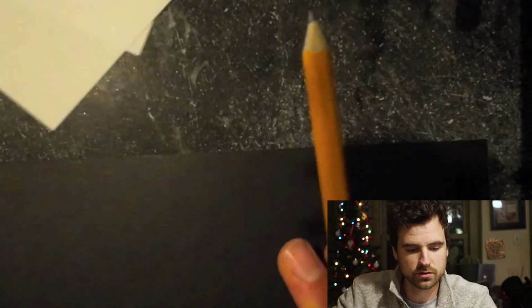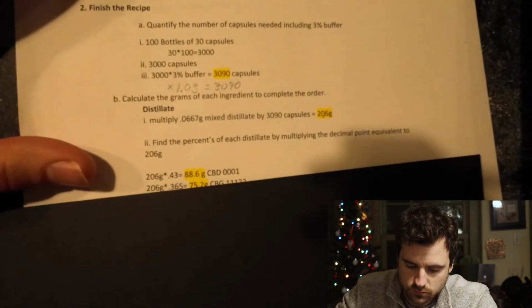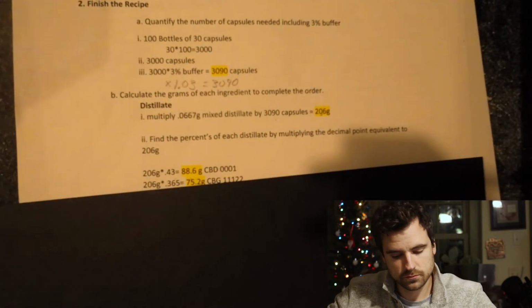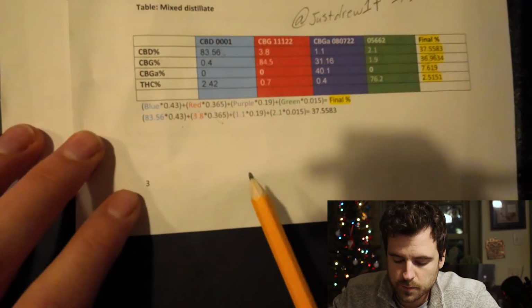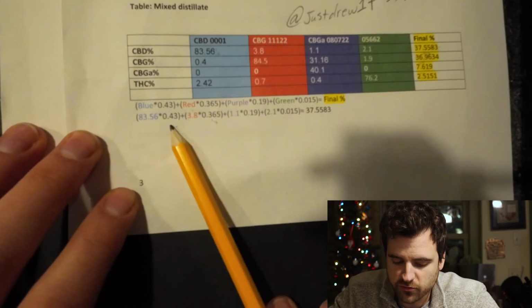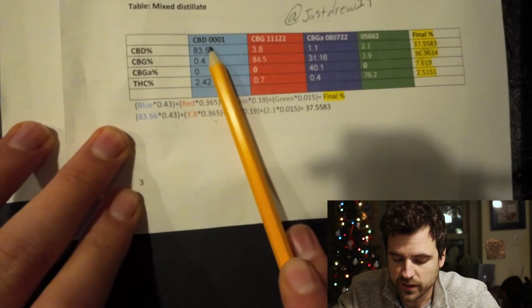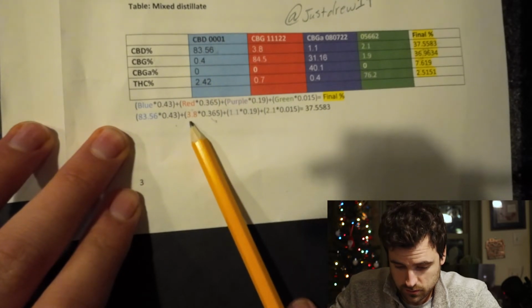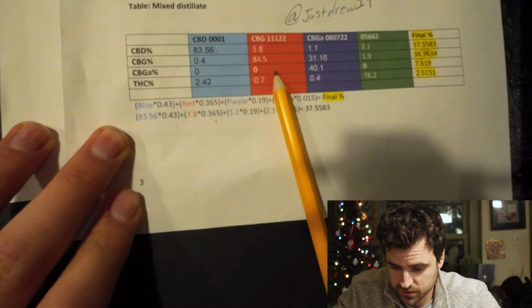And let's go back here. And why is it 0.43? Because the oil that we made is 43% this ingredient. It is 36.5% this ingredient.